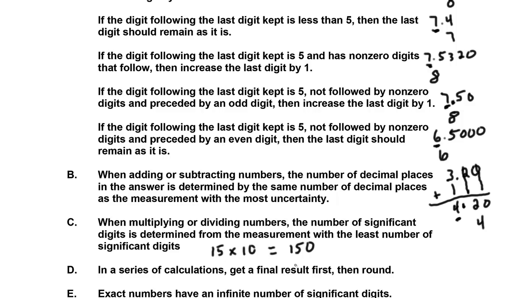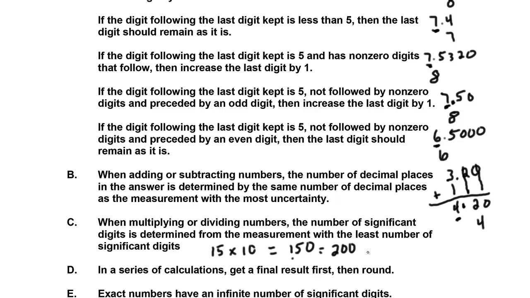So my answer can only have one significant digit. So then I notice that this digit is a 5, and it's followed by only zeros. So therefore the number ends exactly in a 5. Therefore I have to look at this number in front, which is a 1, and I have to round up. So that would be 200. That seems weird, doesn't it?